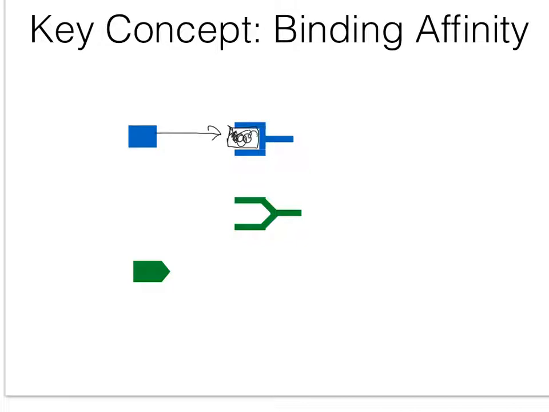This will have a very high binding affinity. Basically, they match up pretty perfectly. This green sort of pointy-looking thing will fit very well into this green receptor.